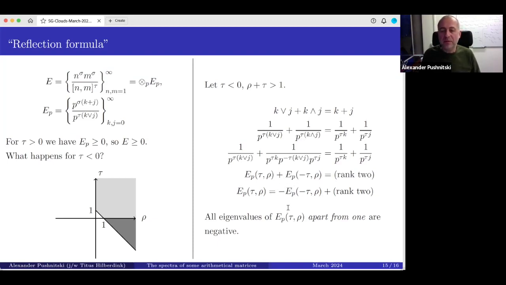So as a result, all eigenvalues of EP for negative tau, in fact, you can check that this rank 2 will only create one positive eigenvalue. So all eigenvalues apart from 1 are negative. This is what we get. And then you start taking tensor products of this, and everything gets mixed up, the positive and negative components.